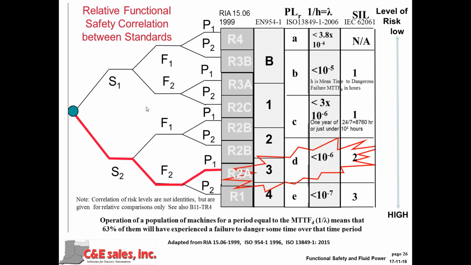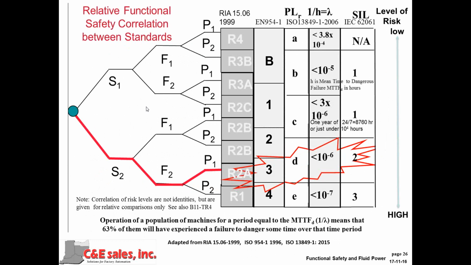Sorry about it. This is a chart that is available in a number of the different standards that uses some of the same variables you used in assessing the risk to identify the type of circuit that might be acceptable for risk reduction.